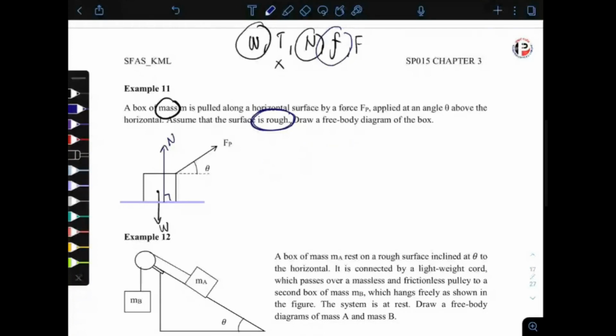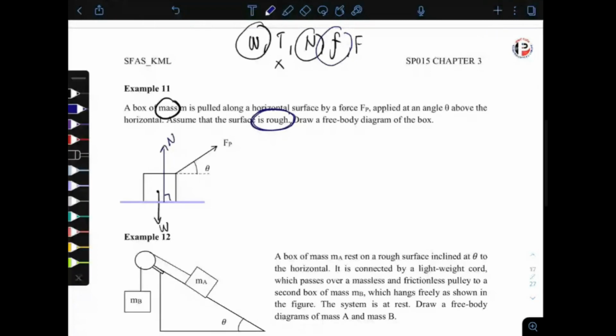But if your object has a tendency to move, objek kita ada tendensi tak untuk bergerak? Tiada. Betul tiada? Ada.